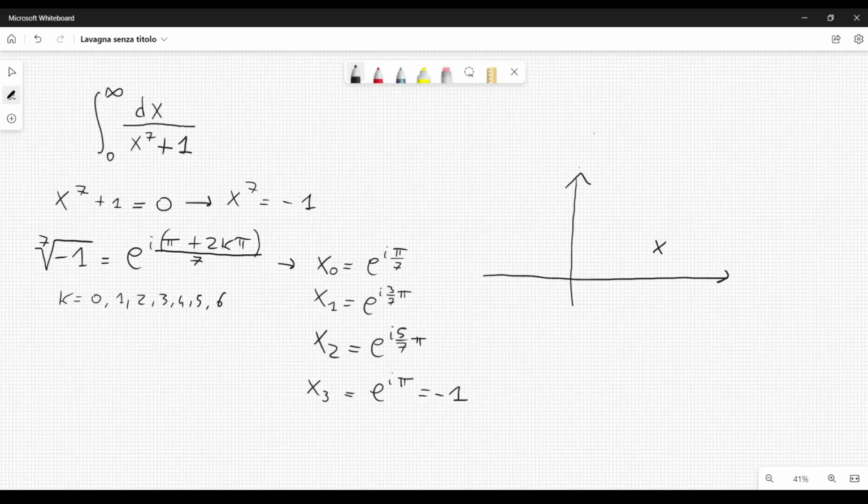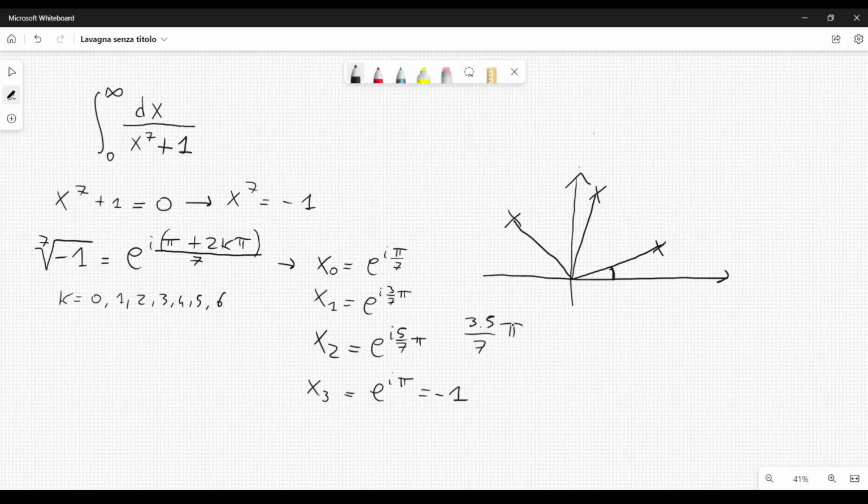x0 will be somewhere here, so we have an angle here which is pi over 7, this angle here. Then we have another root somewhere here where the angle is 3 over 7 pi. We have another one somewhere here where the angle is 5 over 7 pi, and this angle is greater than pi over 2 because pi over 2 could be written as 3.5 over 7 pi, if you want.